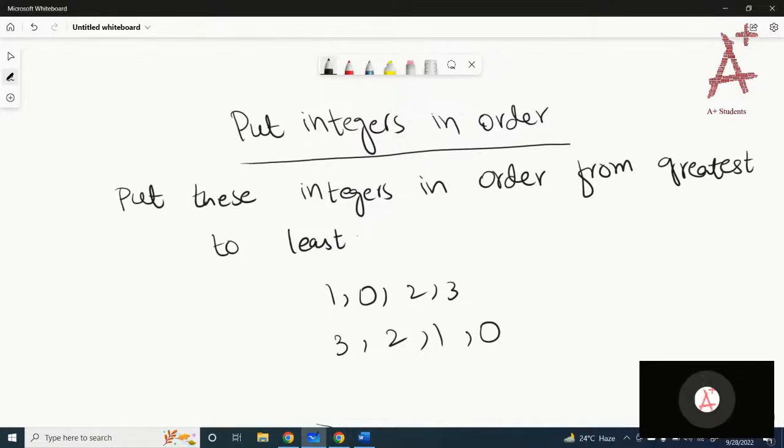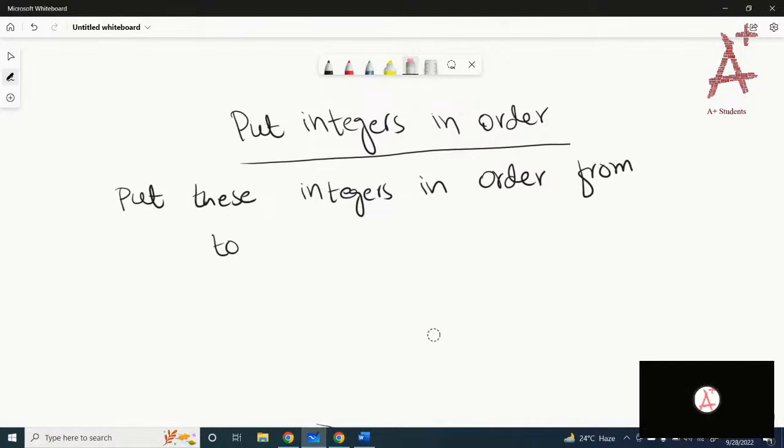Okay, the next one is put these integers from least to greatest. Now you have to arrange from least to greatest, and the numbers given are -3, -2, 0, 1, and 4.